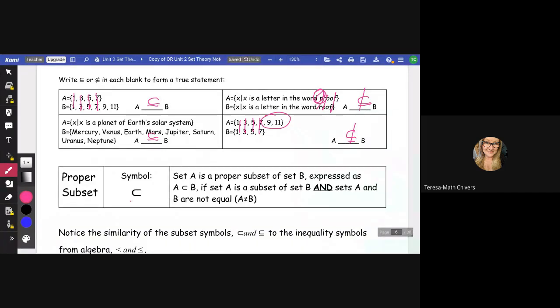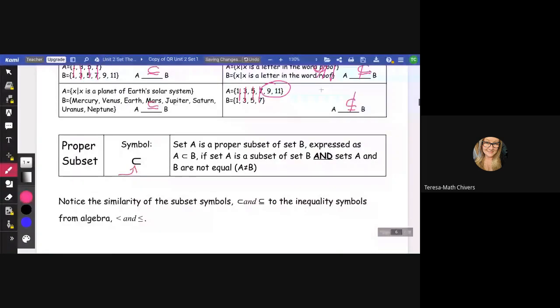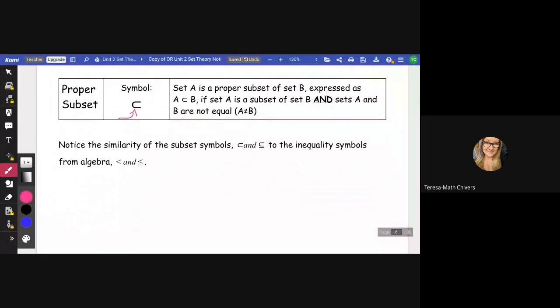Now, a proper subset has the symbol without the line under it. Set A is a proper subset of set B, expressed with that symbol, if A is a subset of B and sets A and B are not equal. Okay, so a proper subset is everything except the whole set.